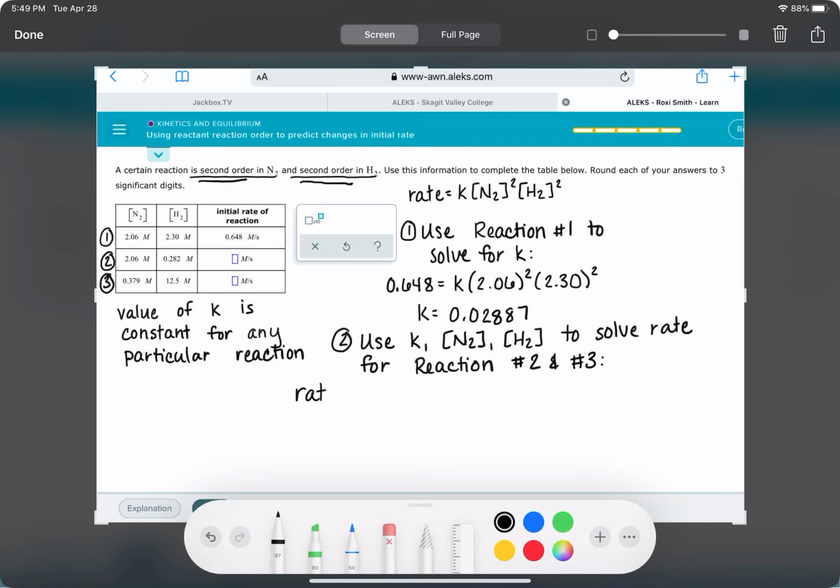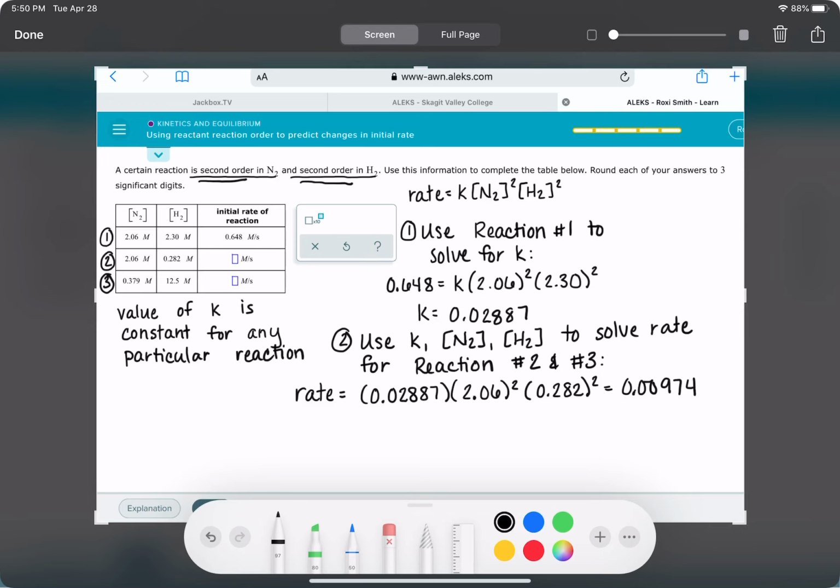That will look like rate equals our K, which is 0.02887 times N2, for reaction number 2. So N2 is 2.06, and don't forget that's squared. And H2 is 0.282, and don't forget that is also squared. So that works out to be 0.02887 times 2.06 squared times 0.282 squared. It looks like that rate is 0.00974. It wants 3 sig figs.